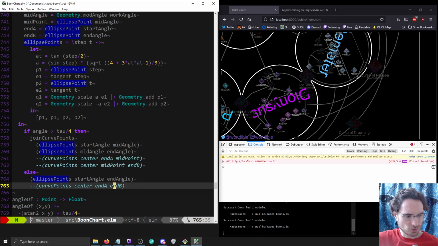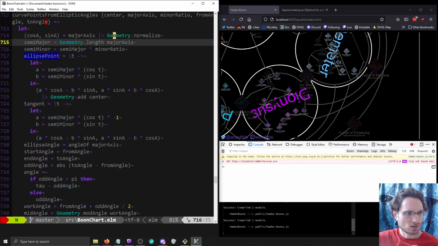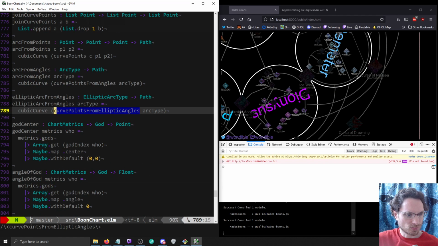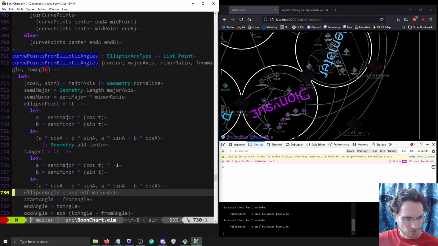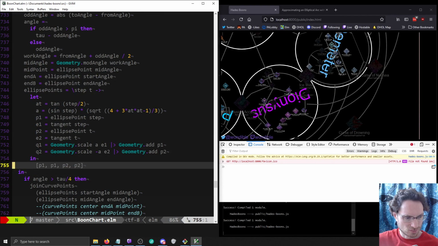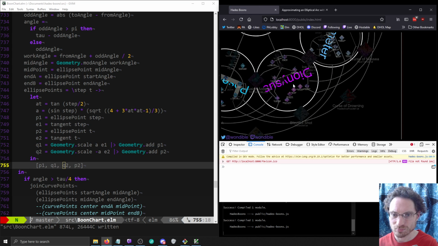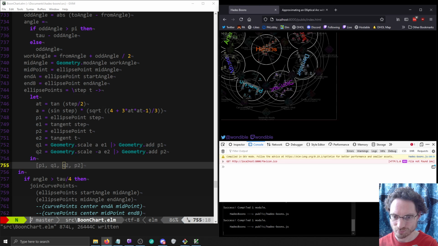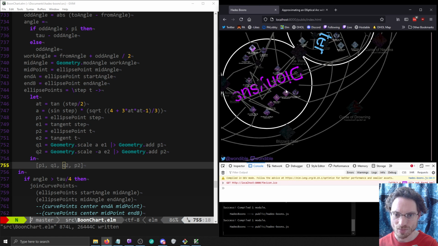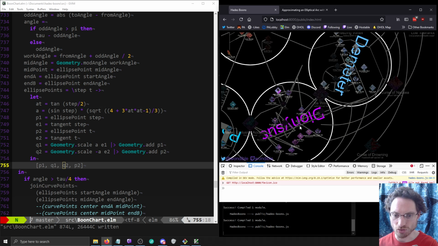And then the other thing I was doing is curve points from elliptic angles, put this into cubic curve. What was this, a path? Yeah, that's all over the place.